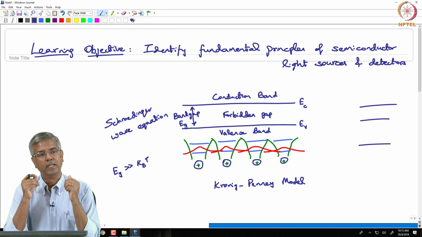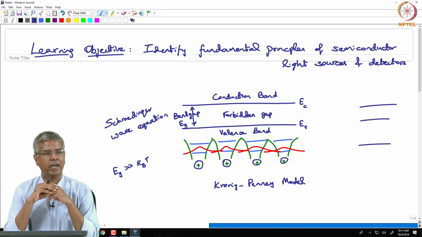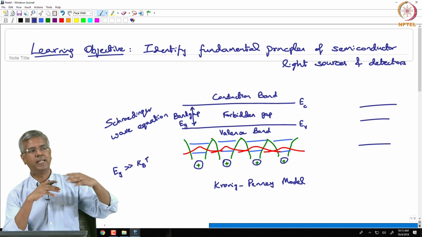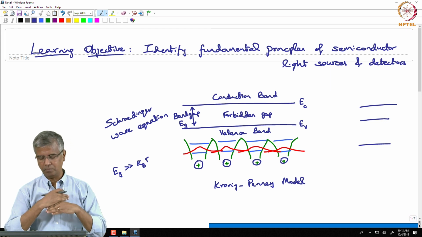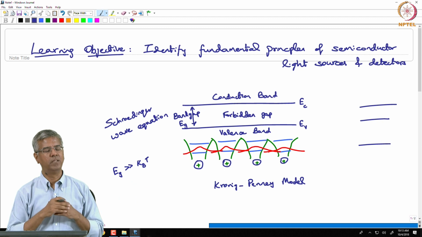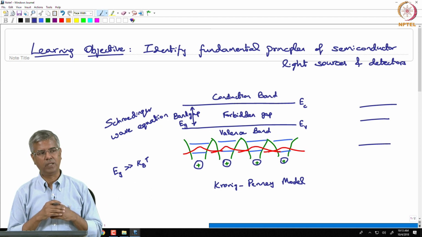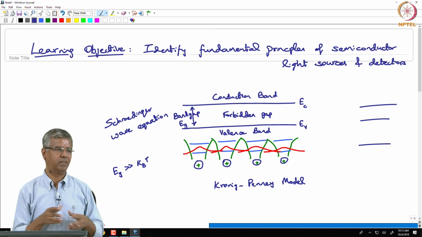And of course a conductor is one in this model where you can characterize it as the conduction band and the valence band are overlapping. So even at room temperature there is a finite density of electrons in the conduction band, so these are free electrons, they are free to move around.